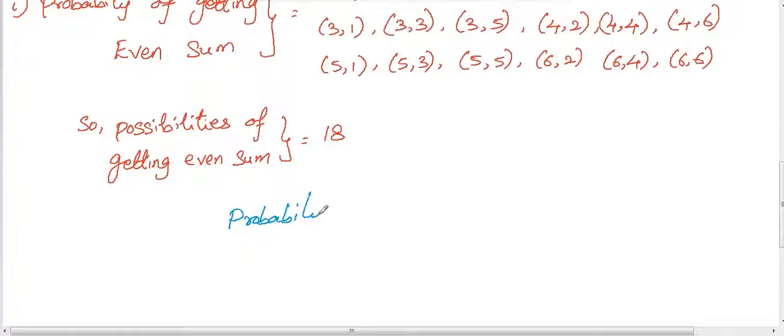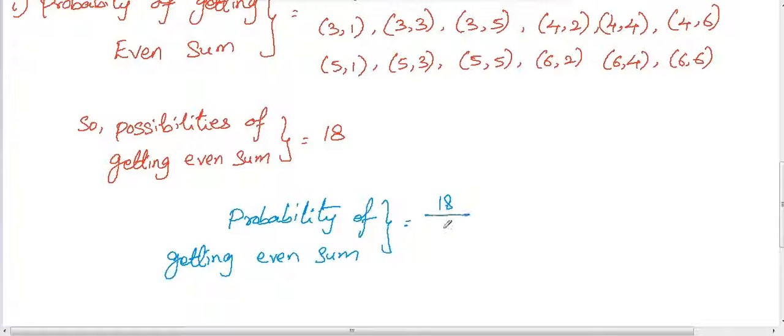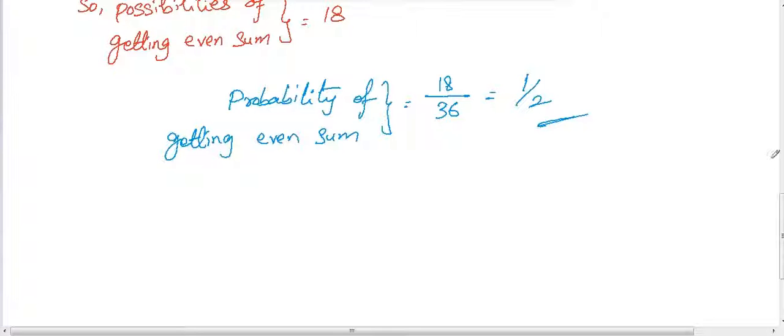The probability is equal to the favorable outcomes, which is 18, and the total outcomes are 36. So 18 divided by 36 is nothing but 1 by 2. So the probability of getting an even sum is 1 by 2.